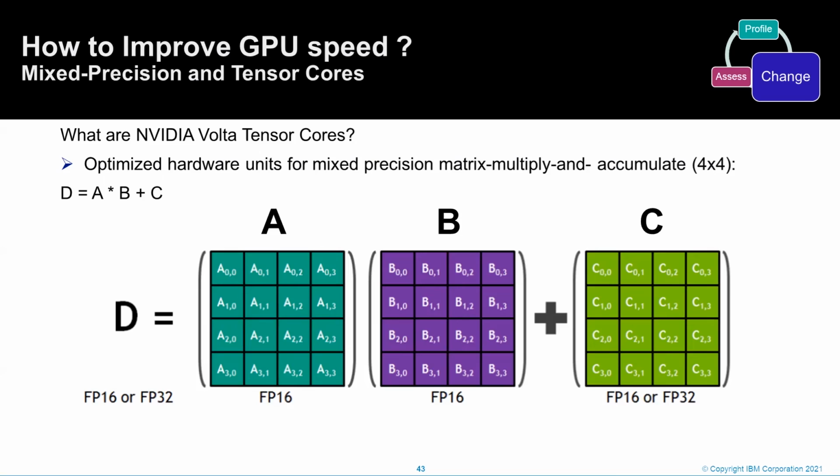And so there are some constraints related to the format of the variables. A and B are FP16, and C could be FP16 or FP32, and the result D could be FP16 or FP32.